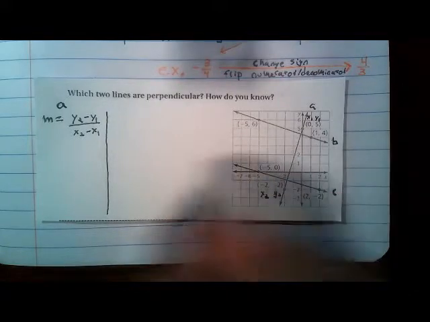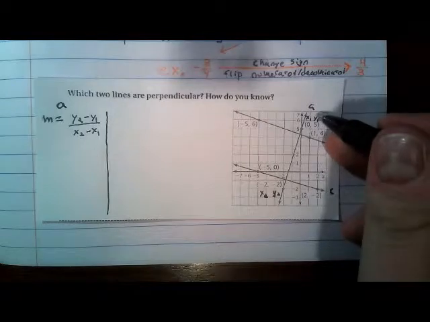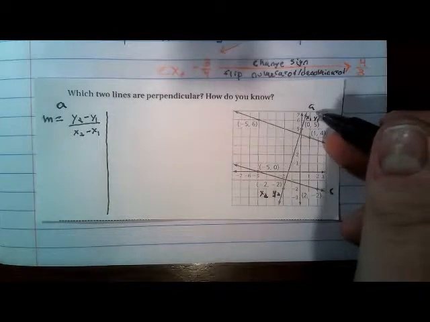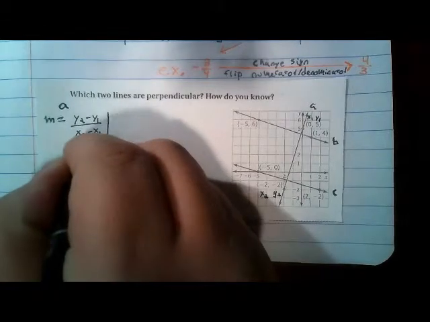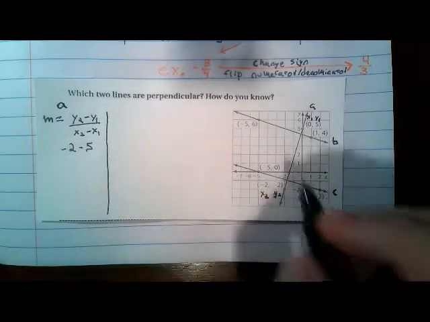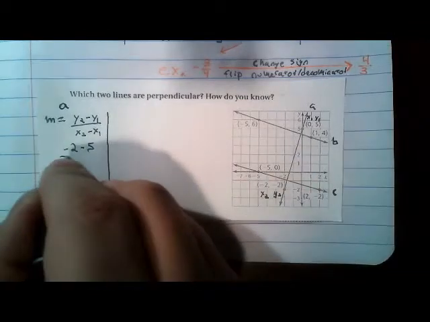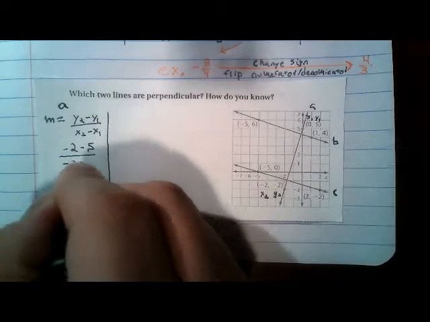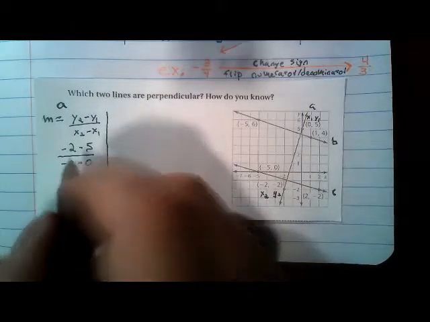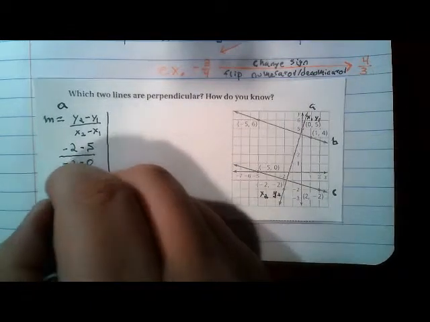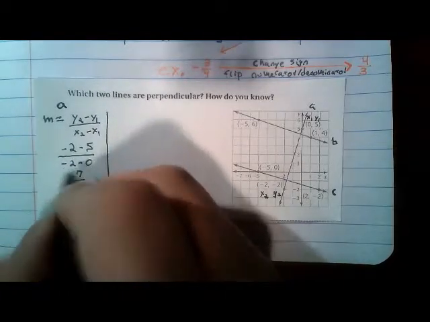When I put that into my slope formula, that's negative 2 minus 5 over negative 2 minus 0. Negative 2 minus 5 is negative 7. Negative 2 minus 0 is negative 2.